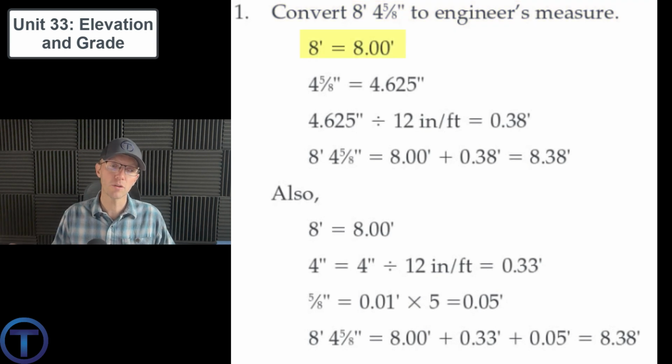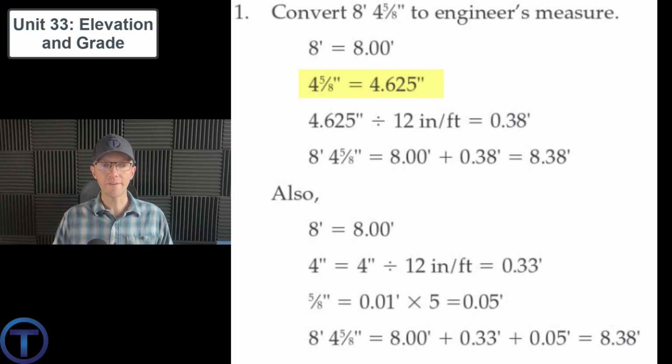When it comes to the feet themselves, they don't change. There are 8 feet here in the builder's measurements, and there's going to be 8 feet in the decimal engineer measurements. But it's that 4 inches and 5/8 of an inch that we need to convert over.